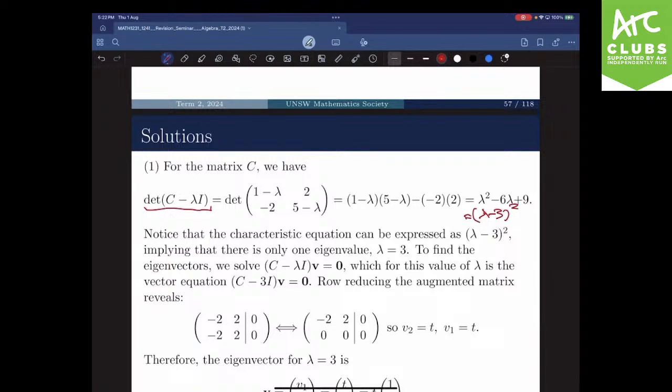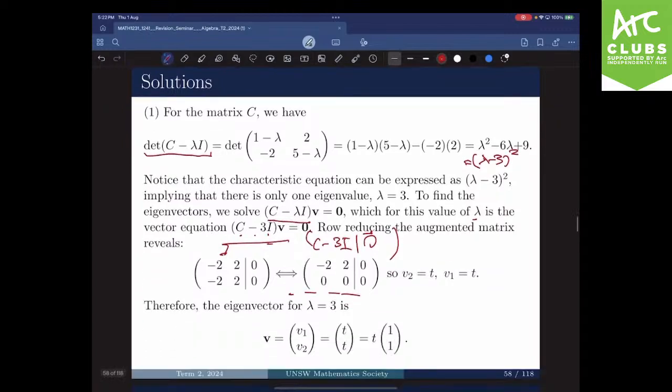And so we can see that there's only going to be one eigenvalue, which is lambda equals 3. To find the eigenvectors, we solve this equal to 0. Since lambda has to be an eigenvalue here, and 3 is our only eigenvalue, we have to solve the vector equation C minus 3I times v equals 0. From there, you get this augmented matrix: you augment C minus 3I with the 0 vector, and we row reduce it to get this matrix here.